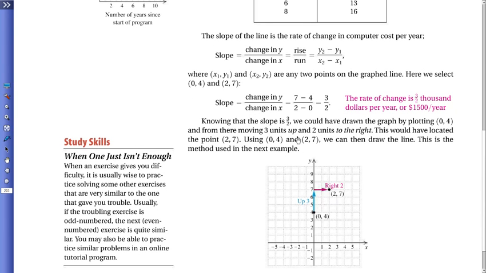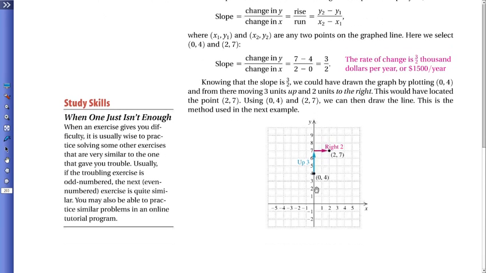Now, knowing that the slope is 3 over 2, if I have 1 point, really that's like a map to the next point on my line, which will be among the infinity of ordered pairs that solve this equation. So that's what they're showing us.